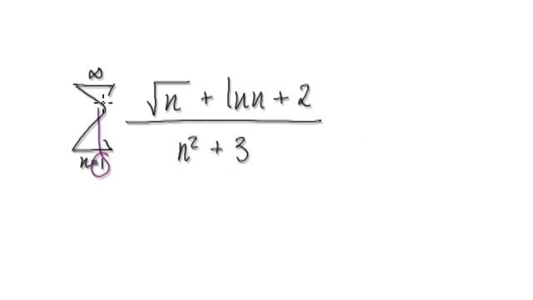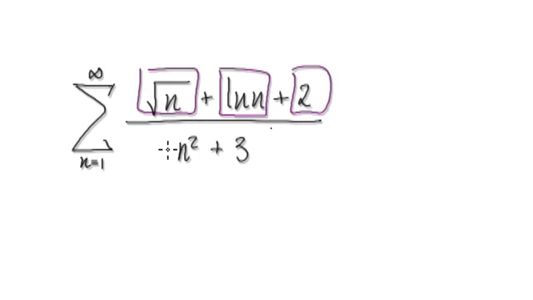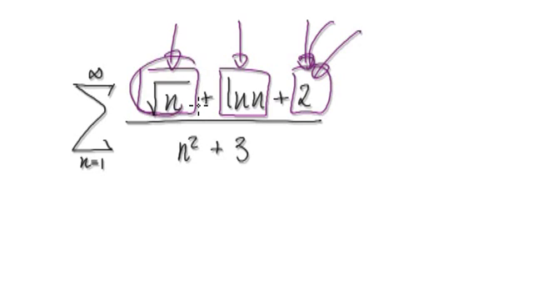So when n heads towards infinity, which term will dominate? Here you've got this block plus this block plus this block, and the numerator, this term here, will be much bigger than the natural log or this negligible number 2. So as n gets bigger and bigger, the numerator will just be the square root of n.